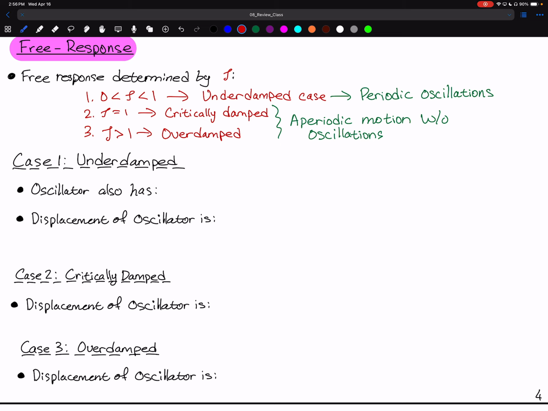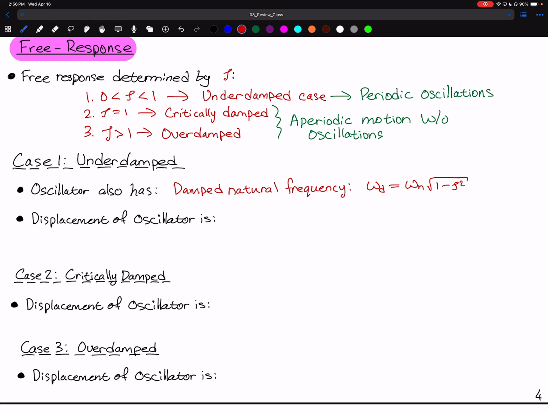All right, so look at case 1 here, which is our underdamped case. In this case, our oscillator is also going to have a damped natural frequency, which is related to the natural frequency and the damping ratio. And we'll call this omega sub d. This is equal to omega n times the square root of 1 minus zeta squared.